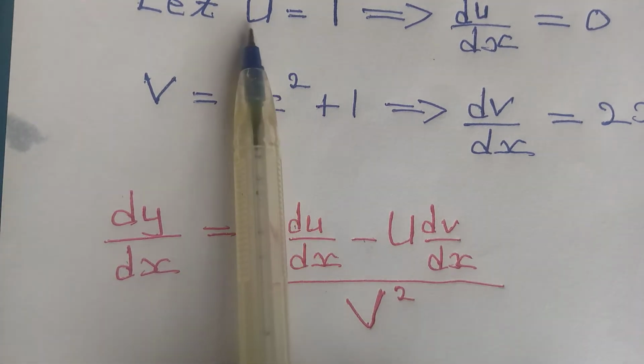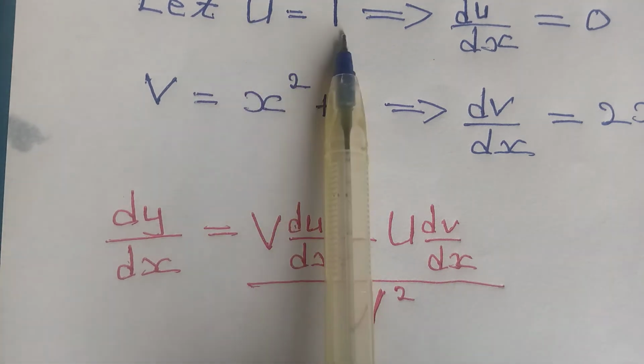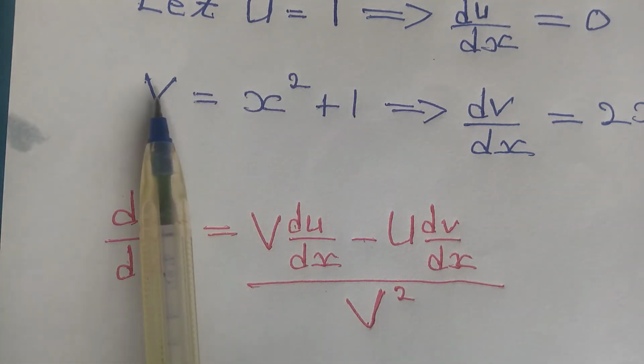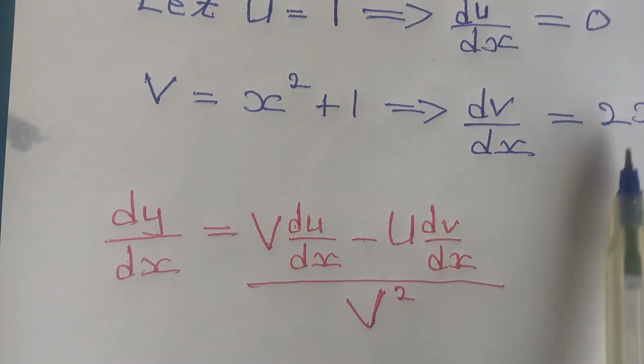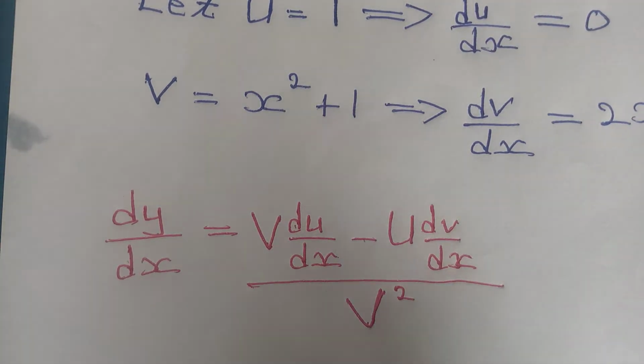Now, having chosen your u, which is the numerator, and your v, which is the denominator, and you have also differentiated them, then substitute into this formula.